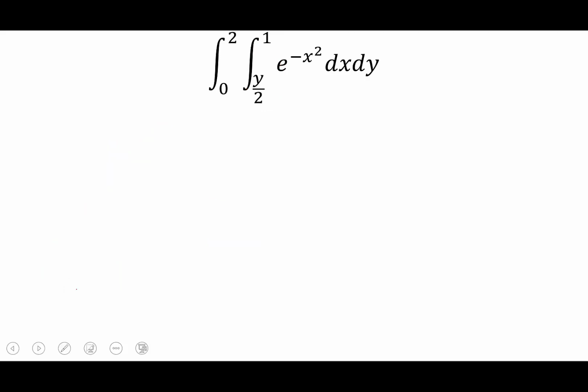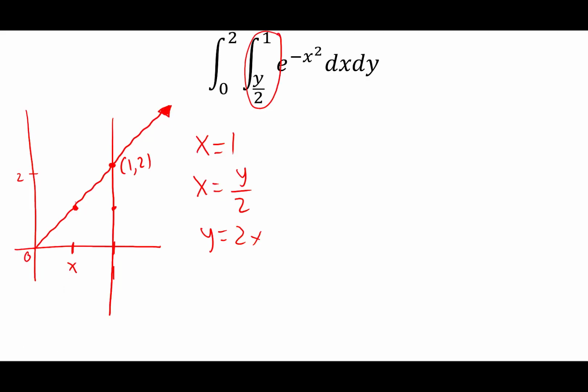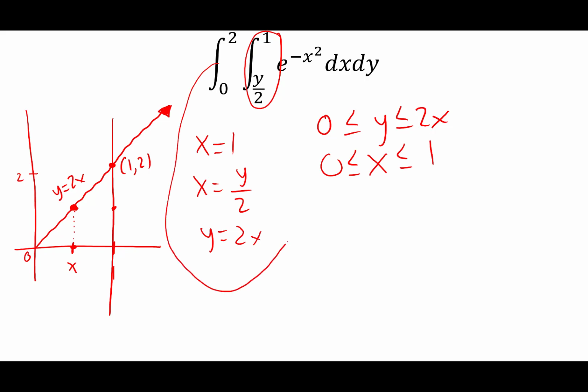And if we take a slice along the x-axis, like this, y is bouncing between the function we already said was y equals 2x, and the x-axis, 0. Let me write that down. Y is going from 0, the x-axis, to 2x, and at the same time, x is bouncing between the numbers 0 and 1.